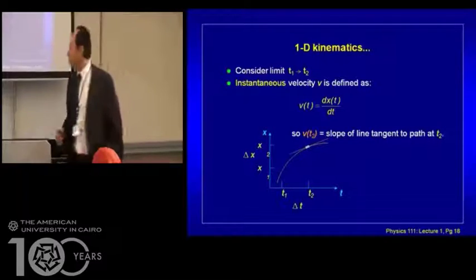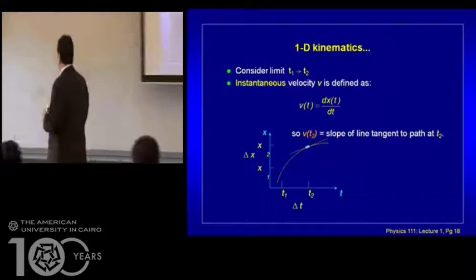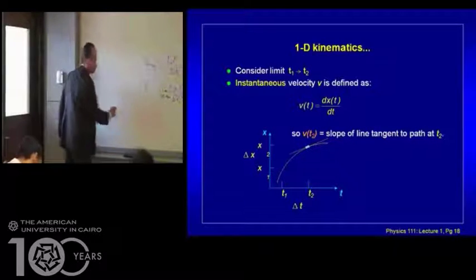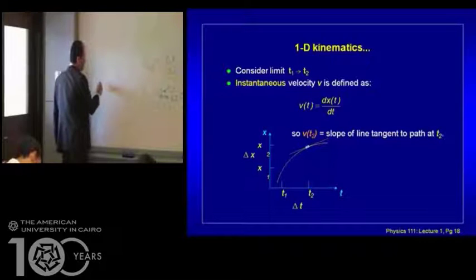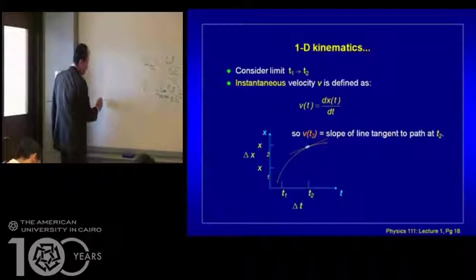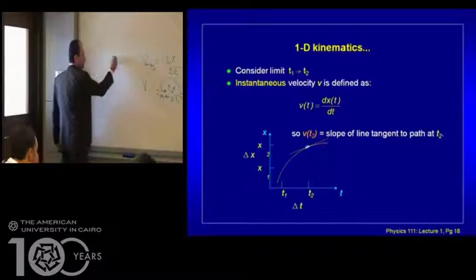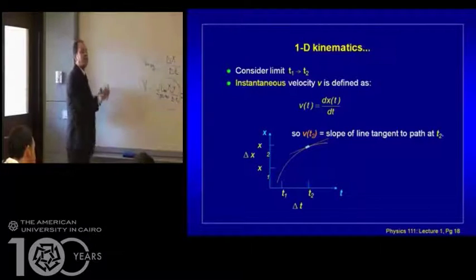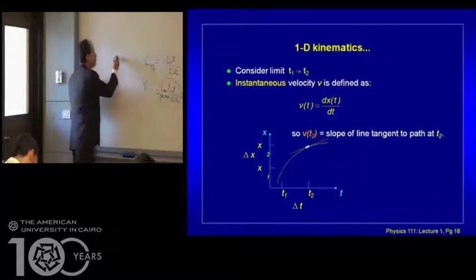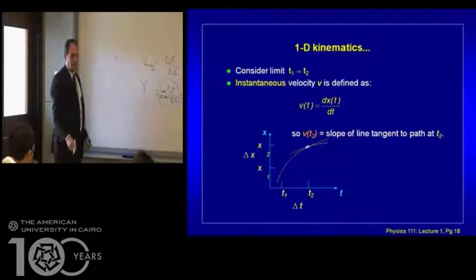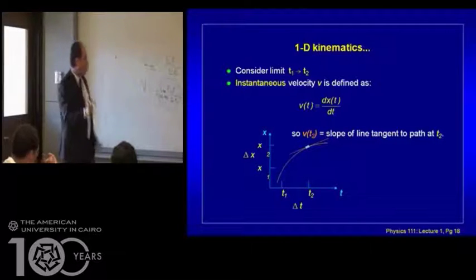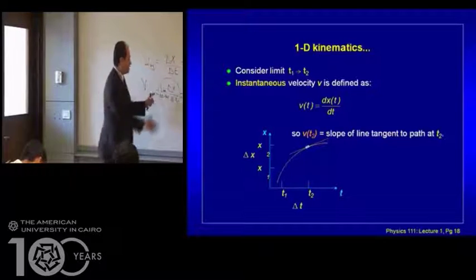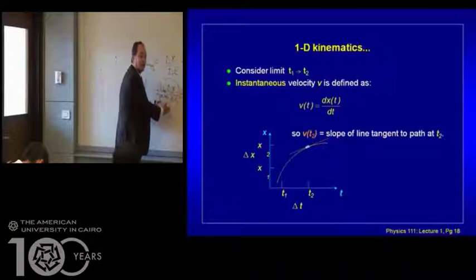Okay? Now, let's go back to dx by dt. If you remember, we had the position as a function of time. This curve. And we had t1 in here. This is point 1, and that's point 2. If we take those two points, if we take the difference between them to be 0, which means that point 1 is on top of point 2, that will give us delta t almost equal to 0. And this whole thing, that's the definition of the derivative.